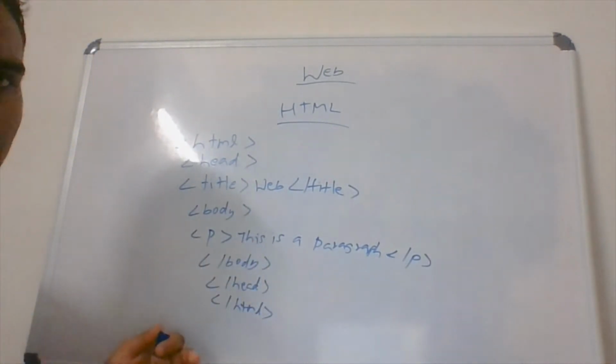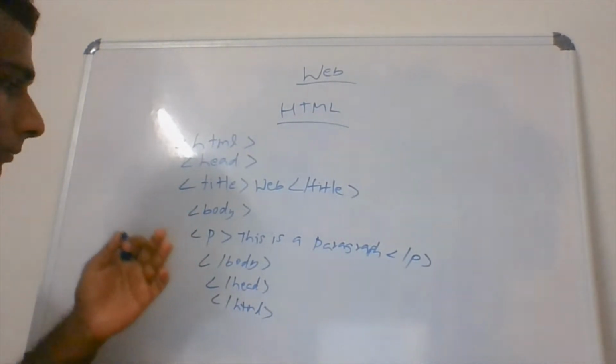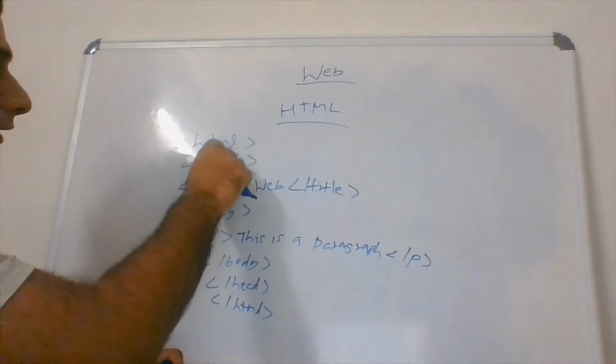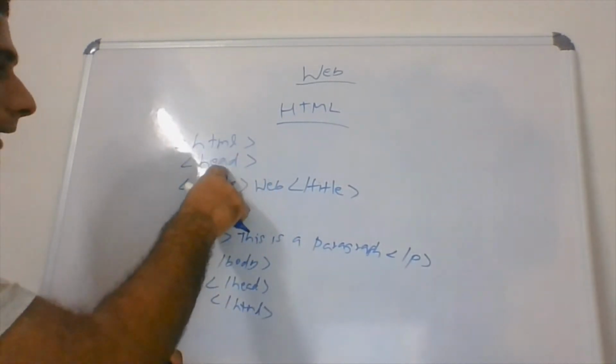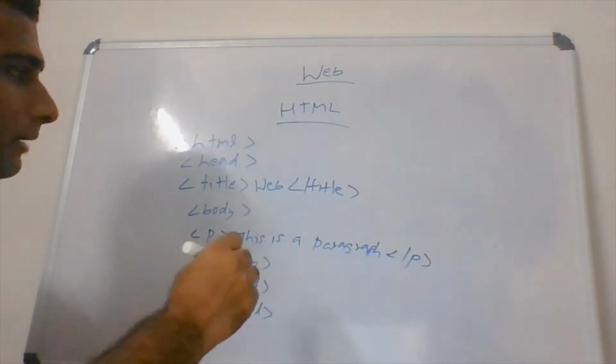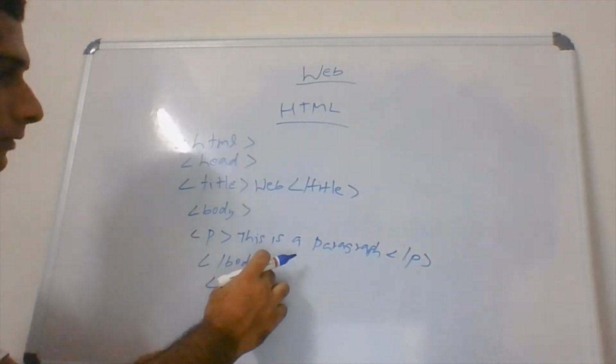So this is the basic structure of the HTML. HTML, head, title, body, p, body, head, HTML. All these are called HTML elements. This is called a starting tag and this is called the ending tag.